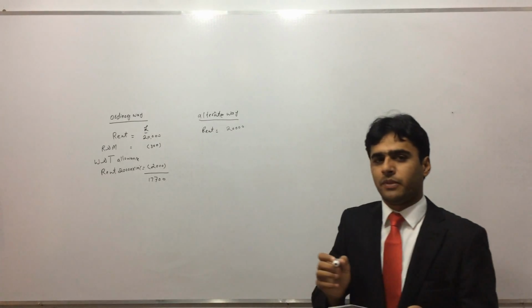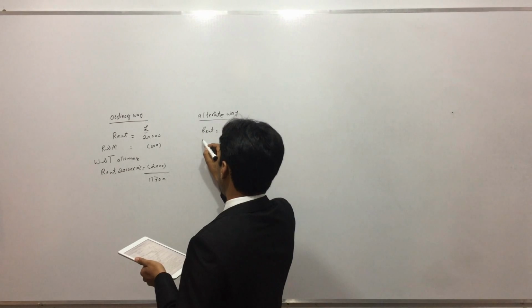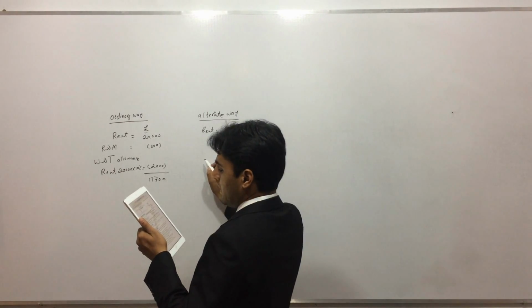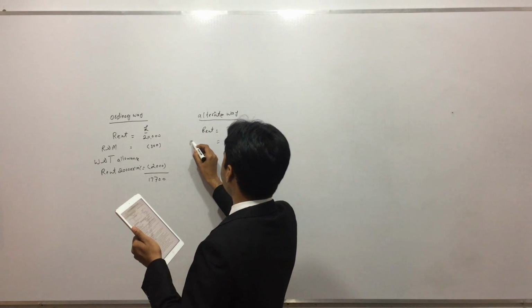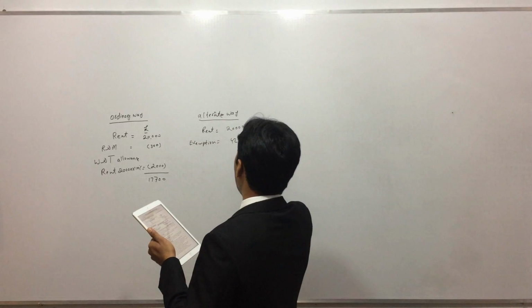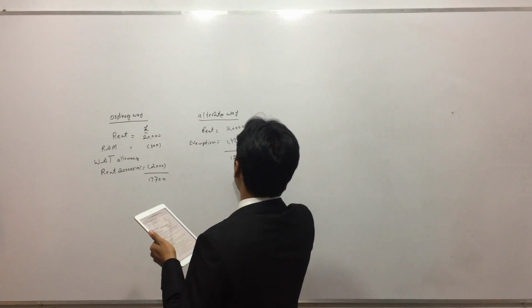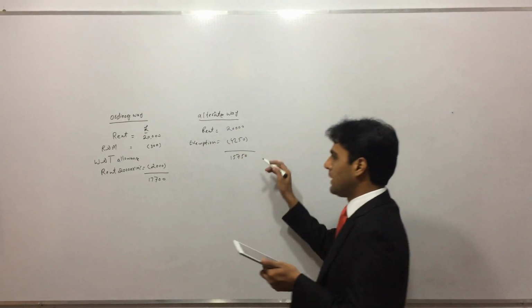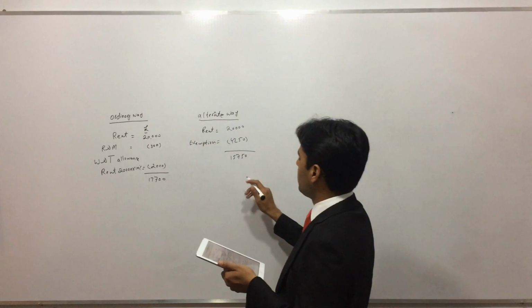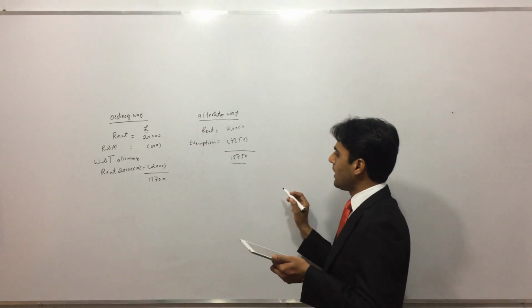However, there is an exemption in rent-a-room relief. Excuse me, how much is the exemption? So the exemption is £4,250. It is called rent-a-room relief less exemption. So the exemption is £4,250. If we deduct this one out of this, I assume it will come as £15,750. But please make sure you check this answer. I'm not sure, but I assume the answer would be £15,750. Please make sure you check with the calculator.